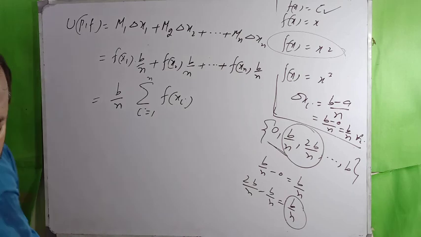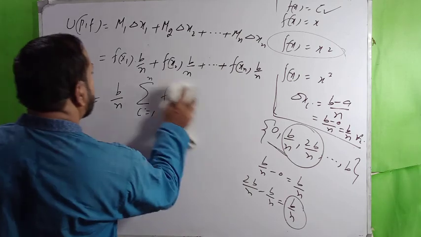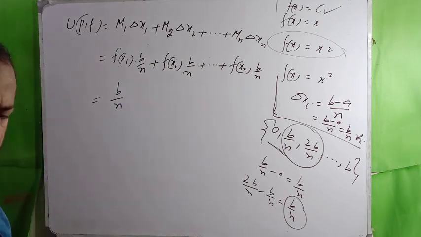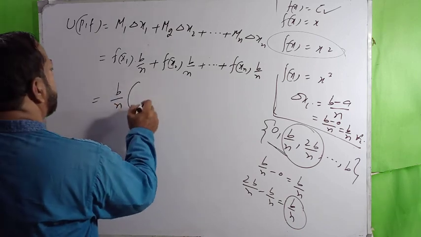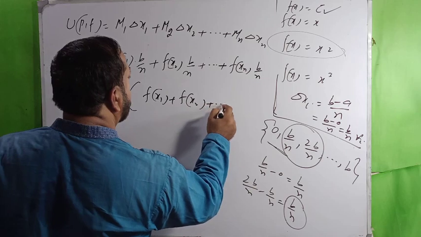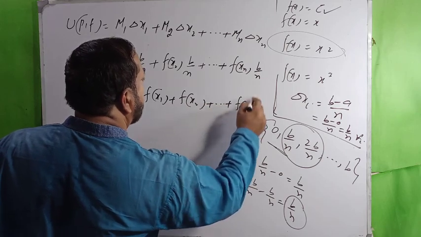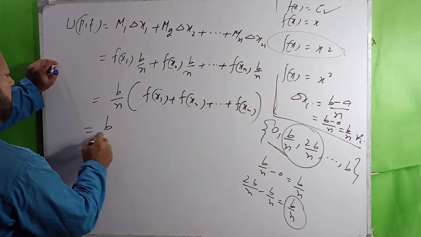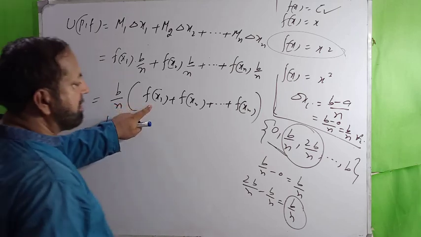Okay, I think we should write separately. B by n into f(x1) plus f(x2) plus so on plus f(xn). Now what is this? B by n into, what is f(x1)?